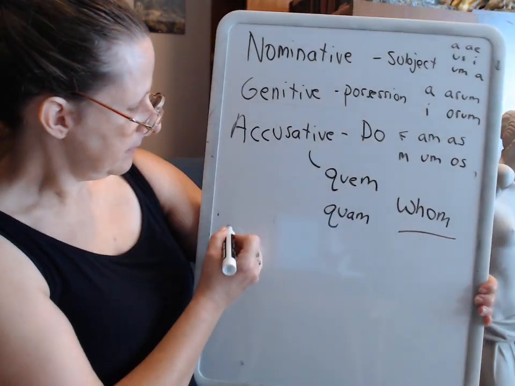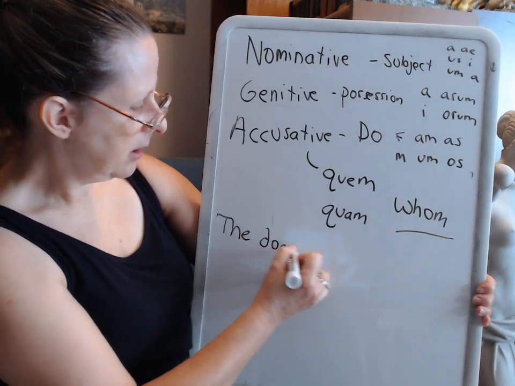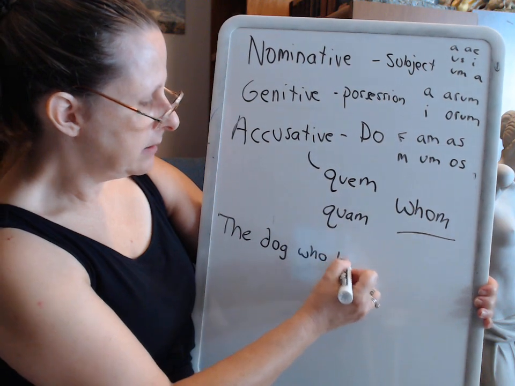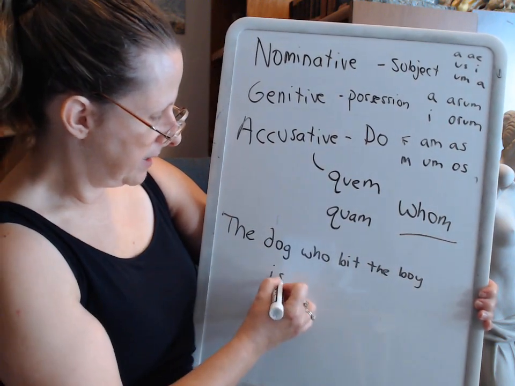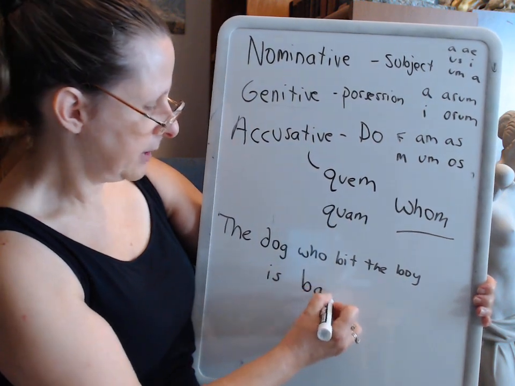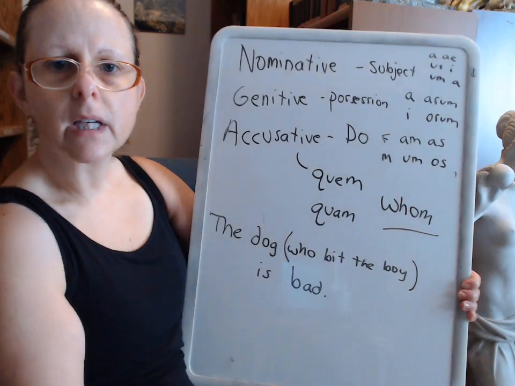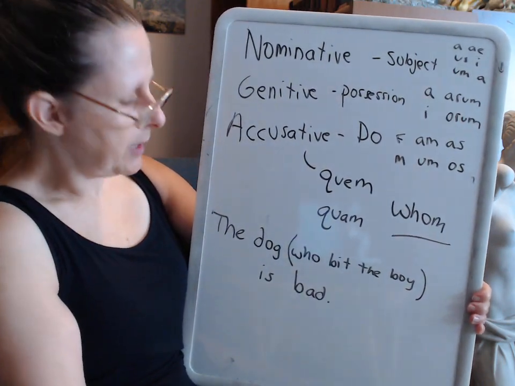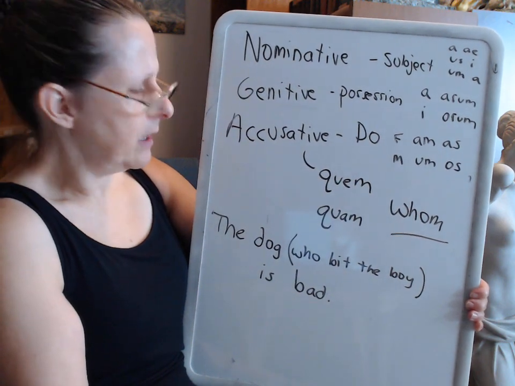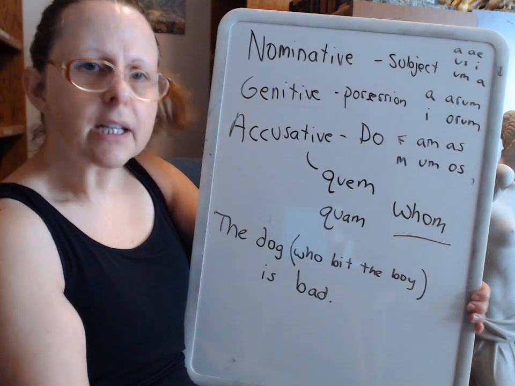Okay. The dog who bit the boy is bad. All right, let's look at this. Who bit the boy? You see how I can just take that out and the dog is bad? Just makes a complete sentence, right? But I put in there an explaining phrase. Who bit the boy? Let's take a look at this.